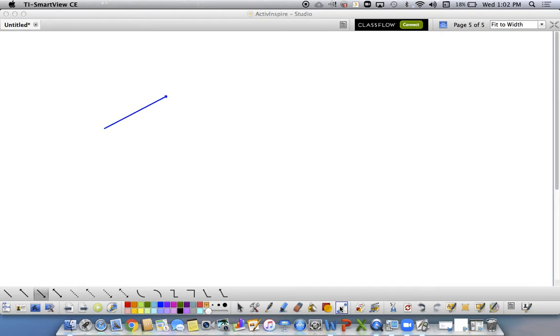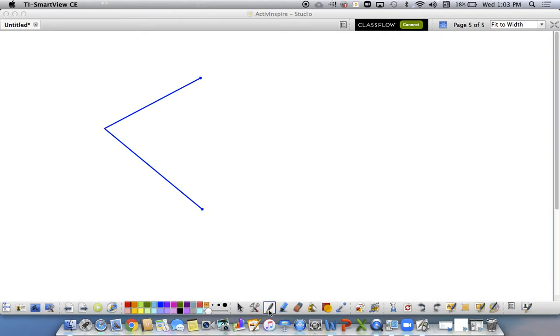If we have 2 vectors and we don't know the angle between them, if this is u, let's change color. I'm in blue a lot today. This is vector u and this is vector v. And we want to know what is the angle between these 2 vectors if we don't already know it and if they don't give it to us.